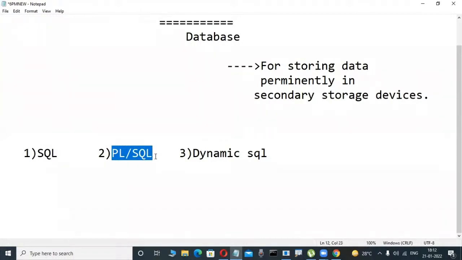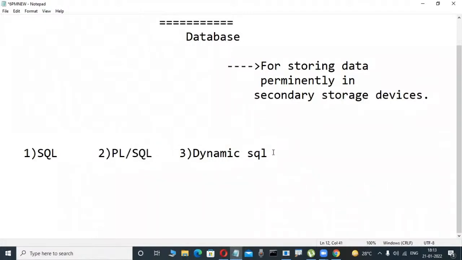PL/SQL is the procedural language extension for SQL. Why is this language required? Really, so many jobs are available in PL/SQL also, because so many applications need it.